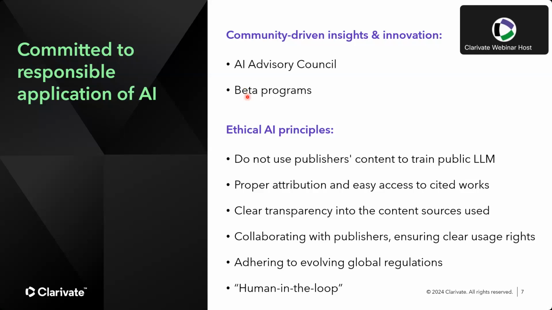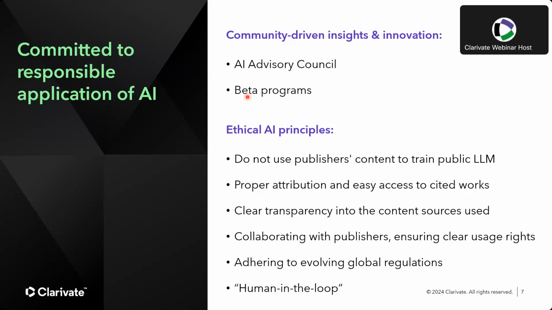Very important is transparency. When it generates content, that attribution creates real transparency to the sources that are used in the answer. We collaborate with publishers to make sure that we have clear usage rights. So, for example, you take a publisher that has lots of journals. You work with the publishing company, and the authors as well, to make sure that we use this content in the right way.